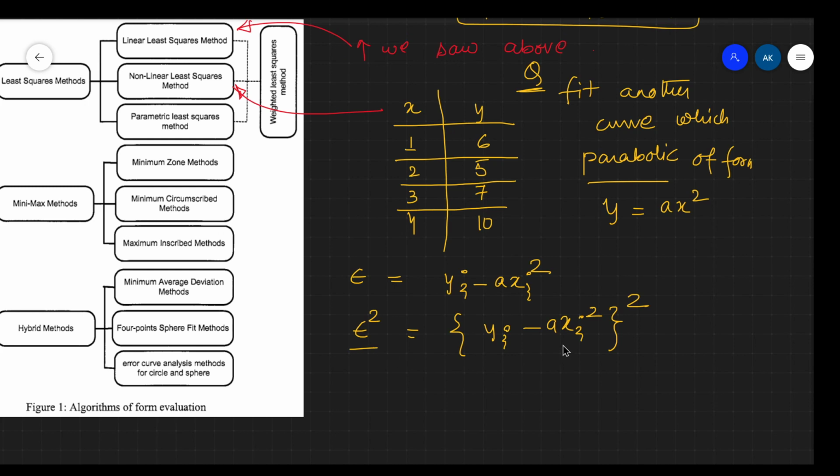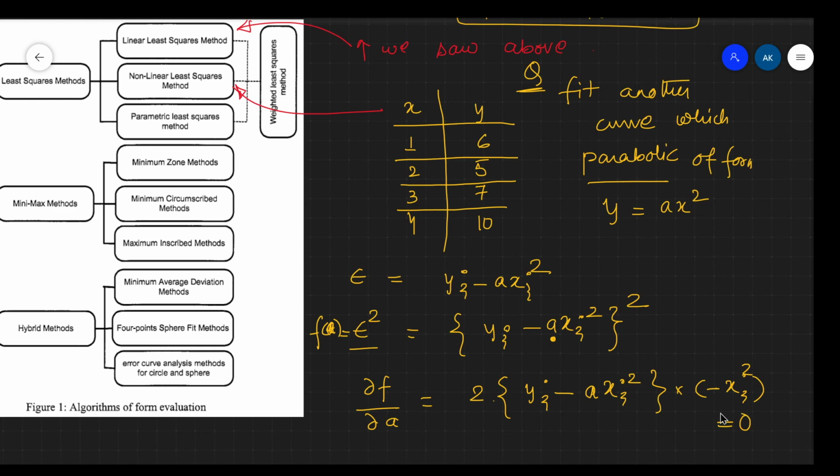This is a function of only one variable a. So let this be f of a. Then del f by del a is equal to 2 summation of yi minus a xi square into minus x square. This we have to make equal to 0.